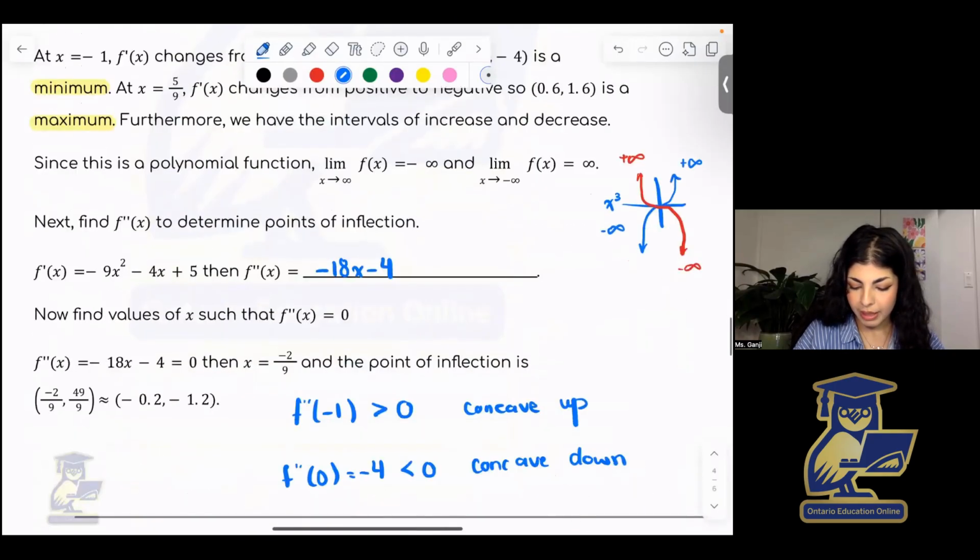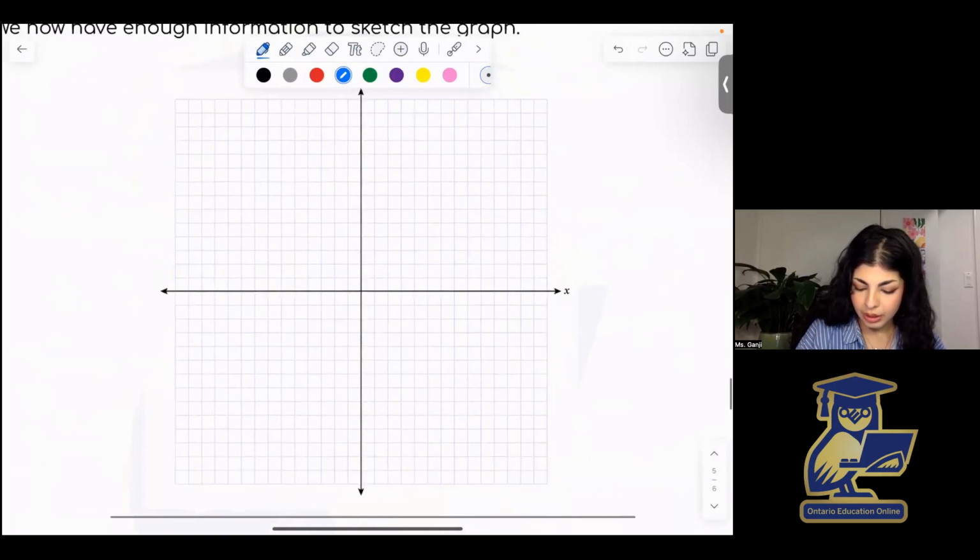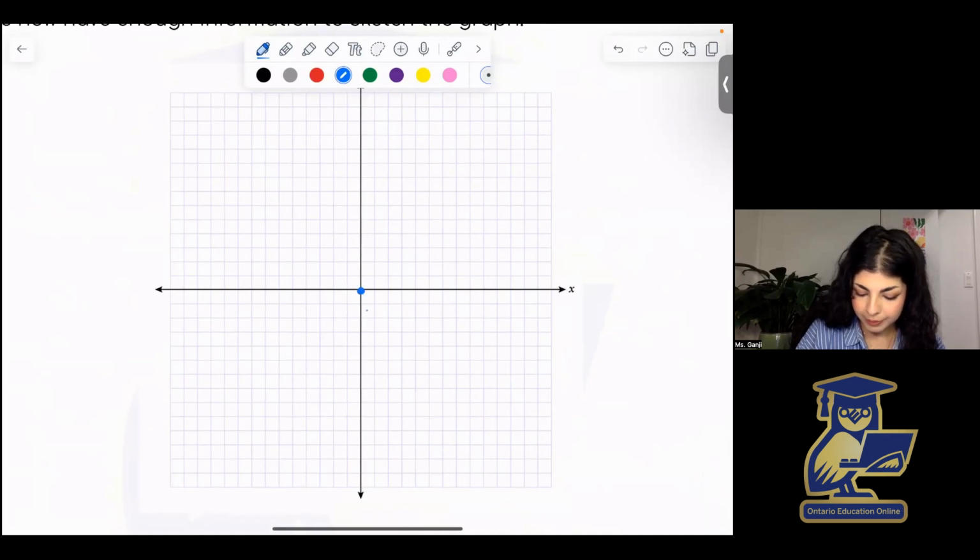Okay, so going back here now, we certainly have this 0, 0 point. So I will need a little bit of scale here. So perhaps let me do 1, 2, or wait, you know what I'm going to do? I'm going to do 3s.